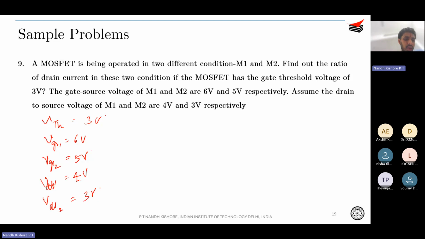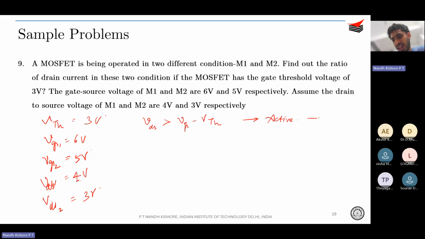So first of all, we need to find out in which region the MOSFET is operating, right? Because depending on which region it is operating, the current can change. If it is in the cutoff region, current is 0. If it is in the saturation region, it's a controlled current source. And if it is in the ohmic region, it is just a resistor, right? So we just need to determine in which region it is operating. So you know that if the MOSFET is on, VDS being more than VGS minus V threshold, it will be in the active region.